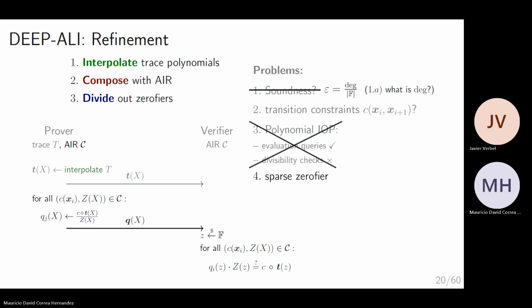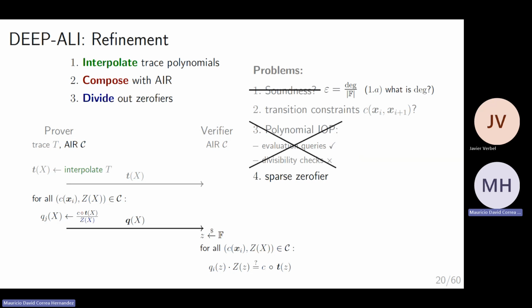And remember, Z of X corresponds to the points where we want the constraints to hold, which is all the points over which we interpolate the trace domain. And so the degree of Z of X corresponds to the number of points, up to 1.